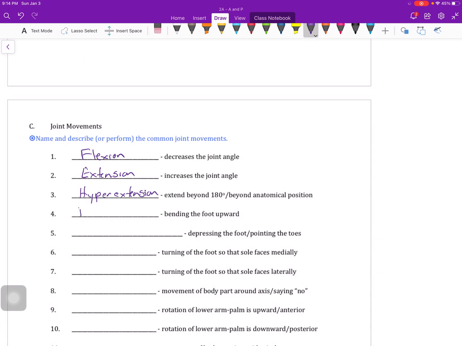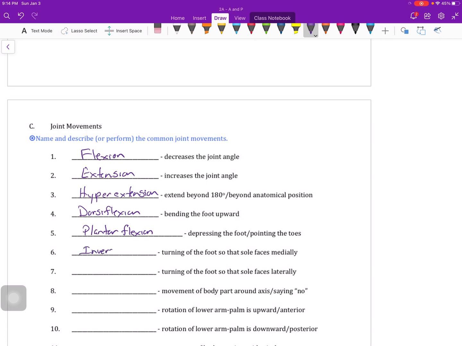Dorsiflexion, that's going to be bending the foot upward, so you're bending the toe upwards towards the back. Dorsal flexion, decreasing the joint angle. You have plantar flexion, and in plantar flexion, you depress the foot, you point the toes towards the plantar region.